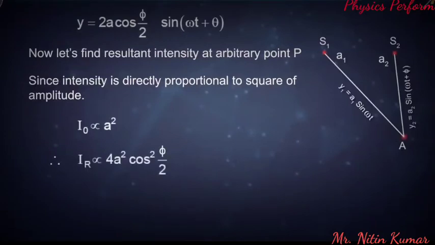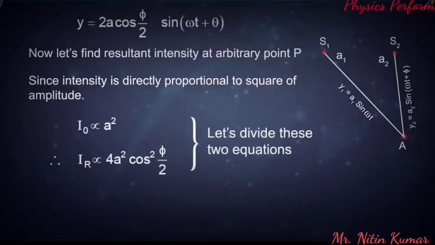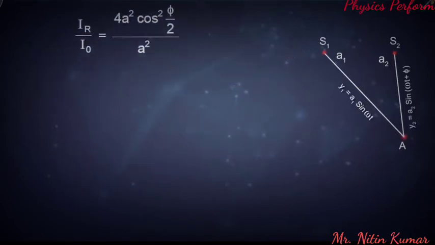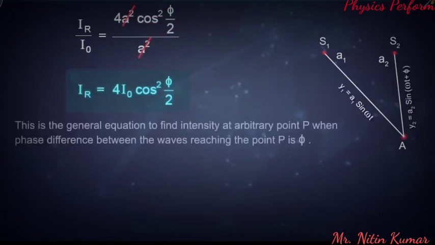Therefore, resultant intensity IR is directly proportional to 4A² cos²(φ/2). Let's divide these two equations. We get IR / I0 = 4A² cos²(φ/2) / A². After simplification, we get IR = 4I0 cos²(φ/2). This is the general equation to find intensity at arbitrary point P when phase difference between the waves reaching the point P is φ.